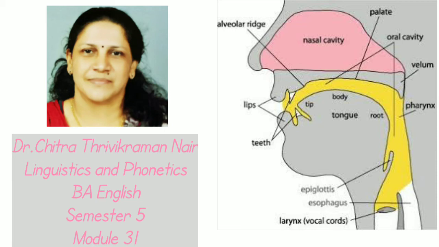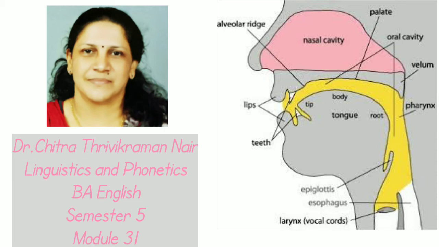The hard palate refers to the long concave part of the roof of the mouth, which is located just in front of the soft palate. So it is also one of the most important articulators which is helpful in the production of speech sounds.